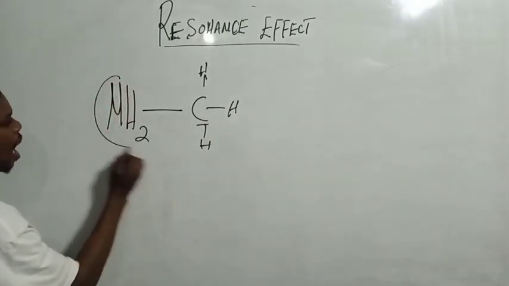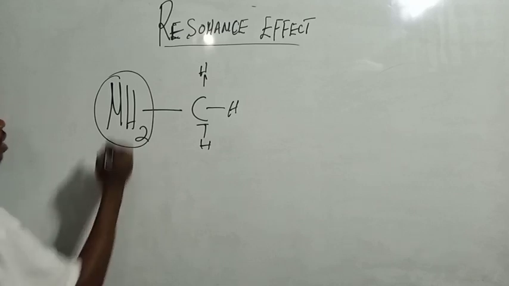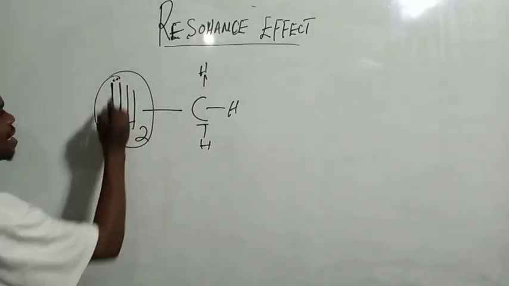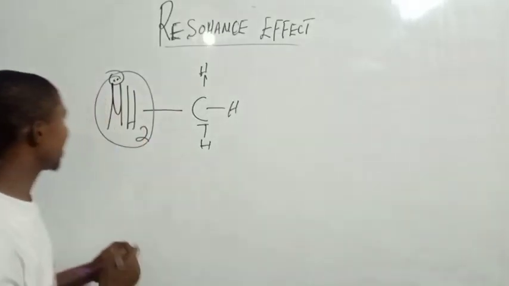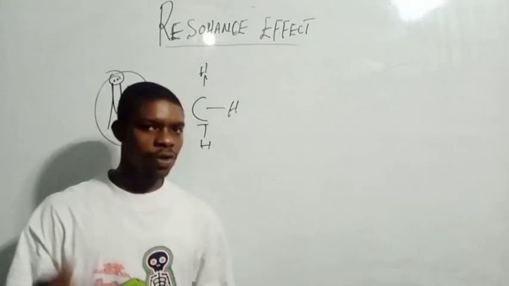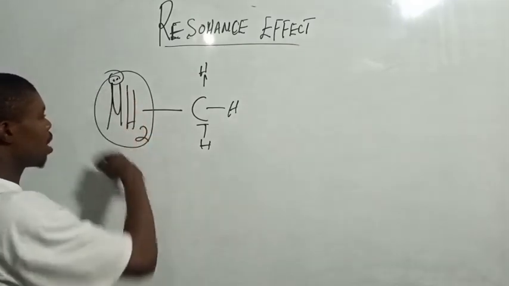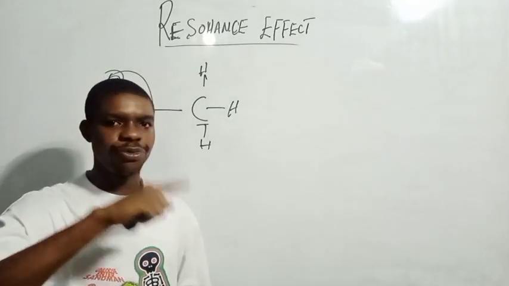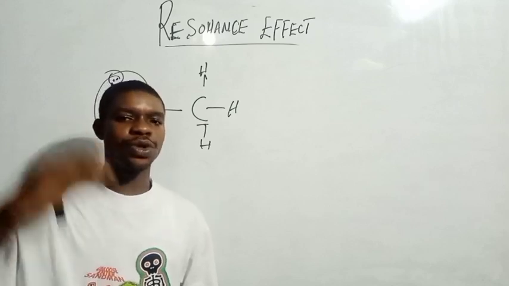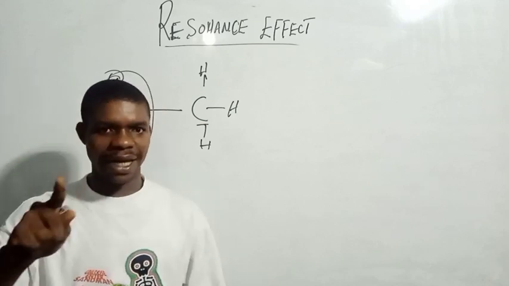Now this amino group here is having a lone pair. This lone pair can either be a localized or a delocalized electron, because one of the advantages in organic chemistry is electron movement, where they can donate electrons or move the electrons.